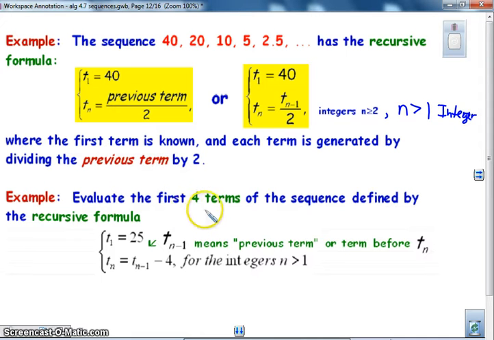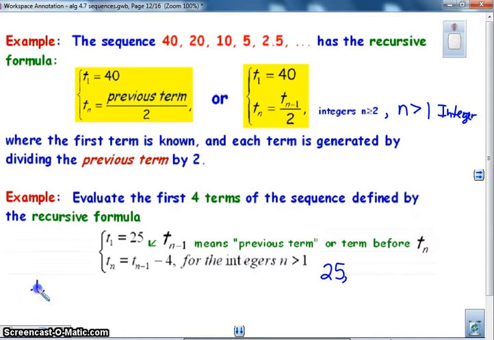An example: if we're asked to evaluate the first 4 terms of a sequence defined by this recursive formula, the first term is 25. To find the nth term, that means we're going to take t of n minus 1, which is the previous term, and minus 4, for the integers greater than 1. So what I would like you to do right now is think of what our sequence looks like. It's going to have 25.